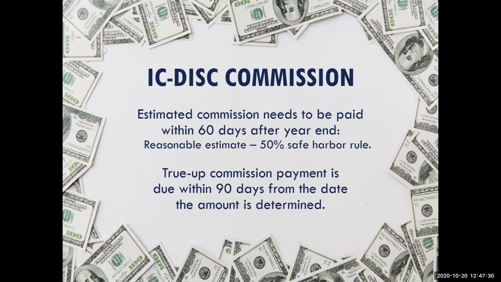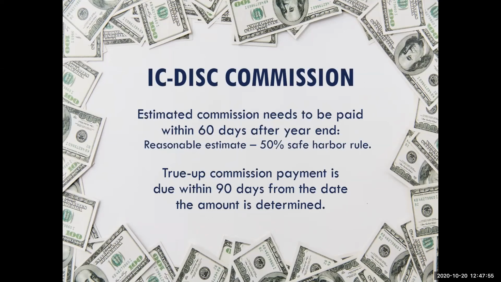So then you have what's called a true-up commission payment, and that payment is due within 90 days from the date you determine that amount. So the estimated commission plus the true-up commission would then equal your total commission. So you can have maybe 2 commission transactions per year to pay the full commission amount.